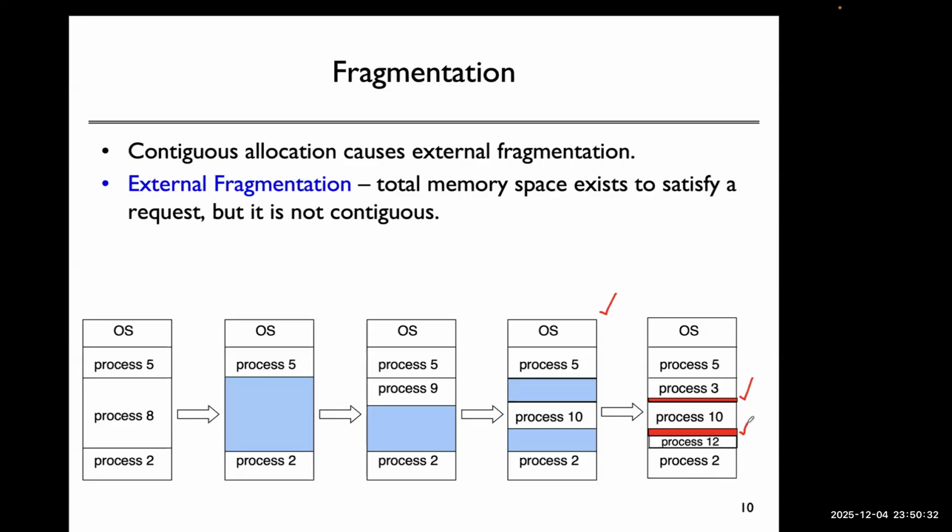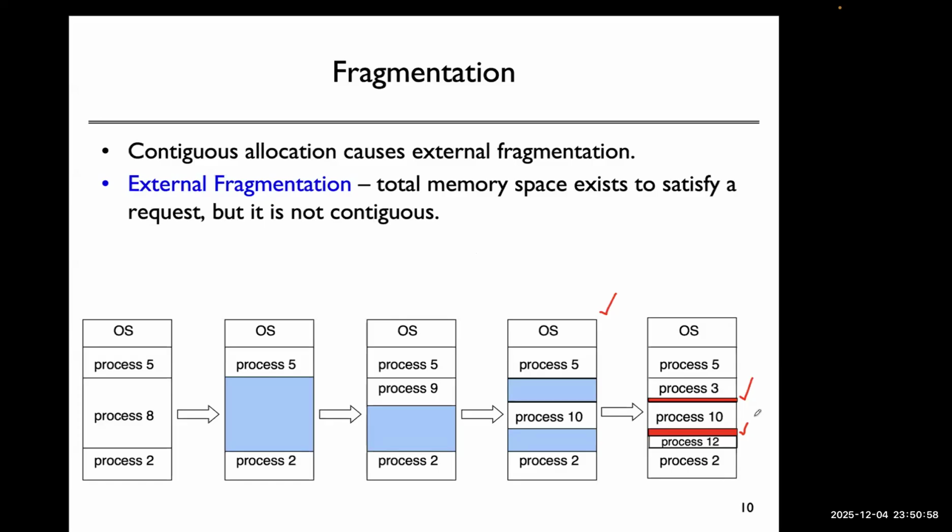So now there is a dilemma, right? We have space available, but we cannot use it to accommodate a future request because that memory space is not contiguous. So this is known as fragmentation. Contiguous allocation causes external fragmentation. Fragmentation can be of two types, external and internal. The one I have shown you here is known as external fragmentation.